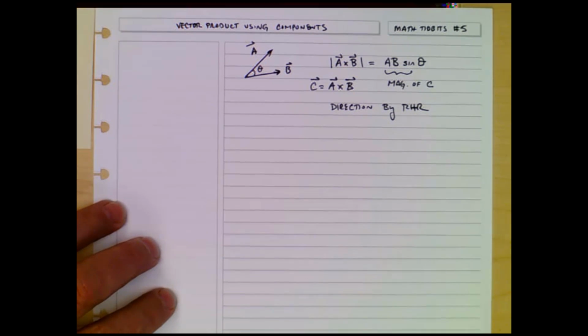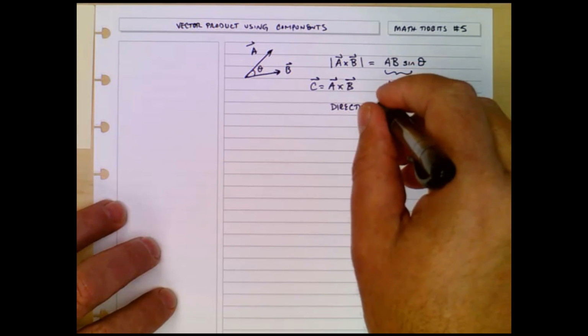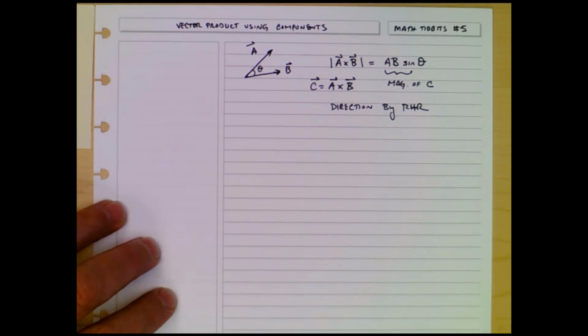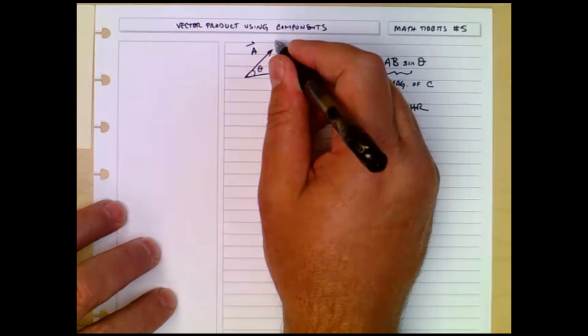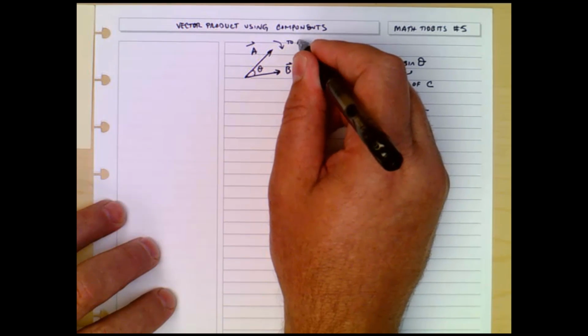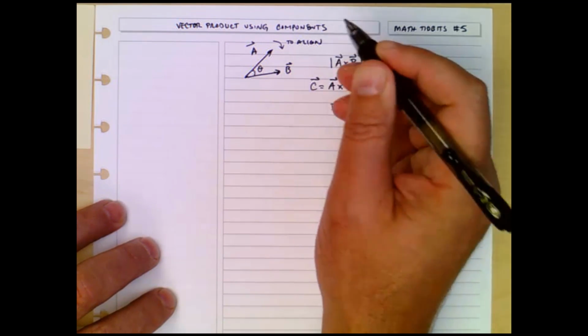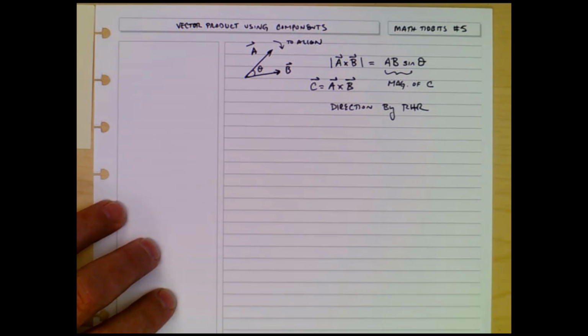And we talked about this before, but just by way of review, we note that in order to get A to align with B, we have to turn A in this clockwise sense, the way I've drawn A and B now.